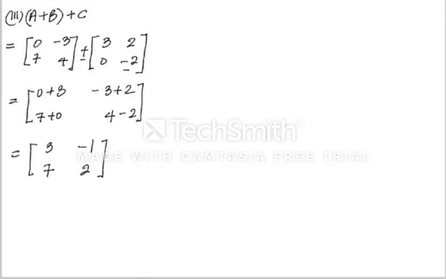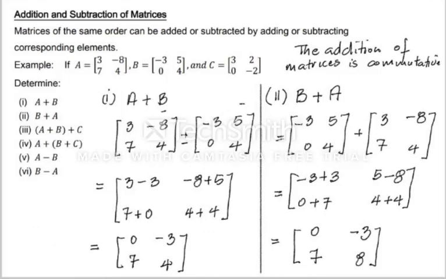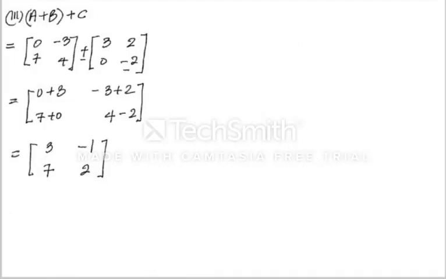All right. The second is A plus B plus C in bracket. We have A plus B plus C in bracket.